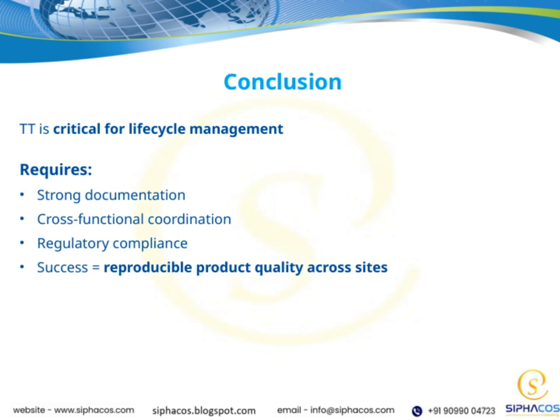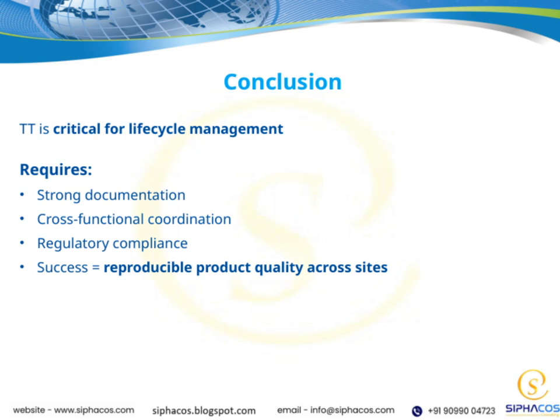Cross-functional coordination is equally important, bringing together R&D, manufacturing, quality, and regulatory teams ensures that all aspects are aligned and working toward the same goal. Regulatory compliance is a key piece of the puzzle, as it guarantees that our product meets all required standards across different regions and markets. When we get all these elements right, success looks like reproducible product quality across all sites.